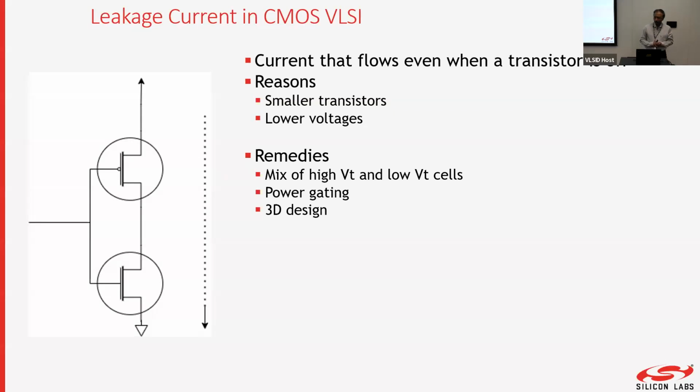So when voltages are reducing, leakage is increasing. You have the source and the drain, and the transistor becomes smaller. The distance is less. Some of the electrons and some of the holes flow through. The smaller the geometry, the more can go. The lower the voltage, the more can leak because you're not stopping it completely.